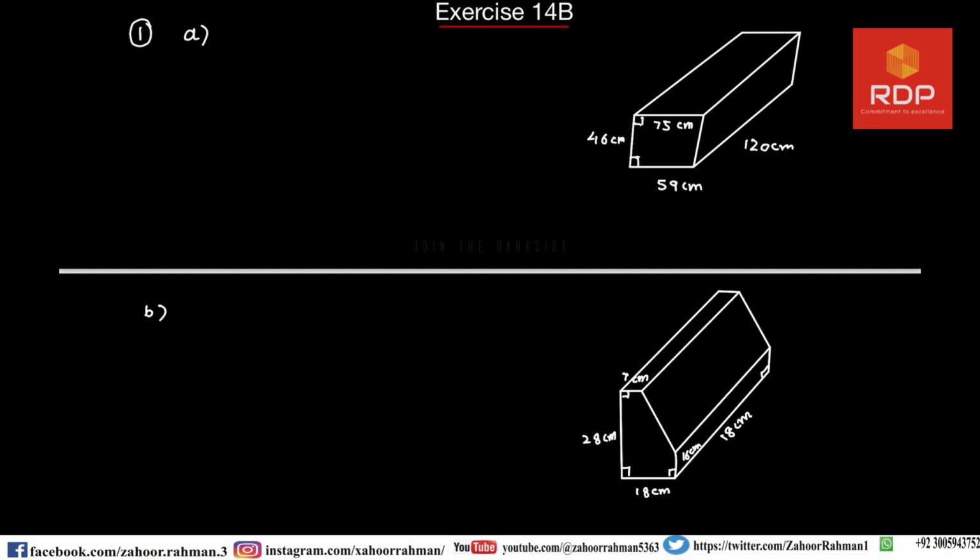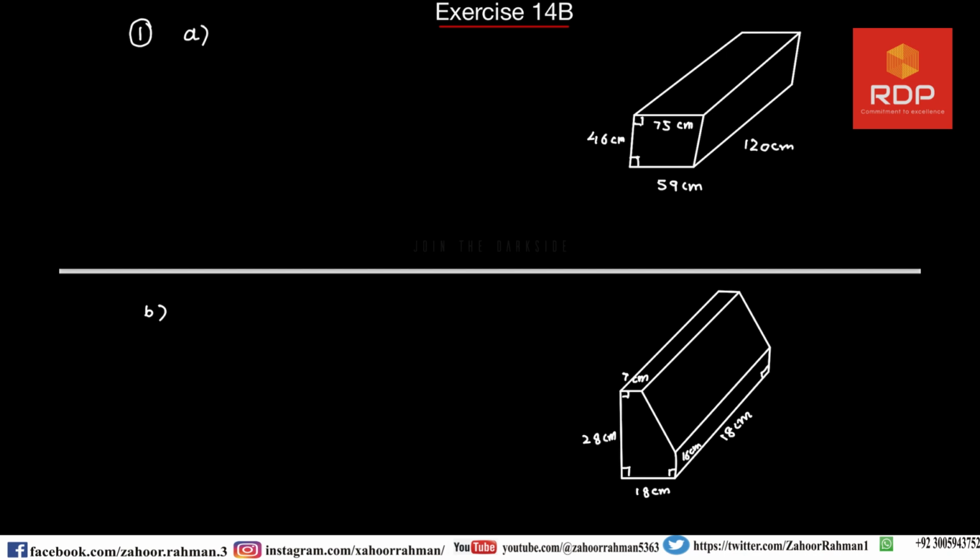The top slice and the bottom slice are called the bases of the prism, and the other sides are called laterals. So keep these things in mind. There may be many bases. First you have to identify the base.